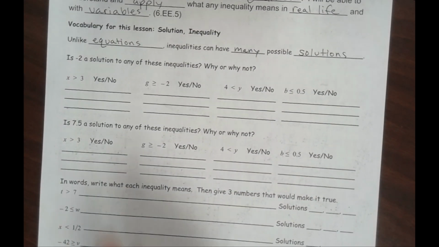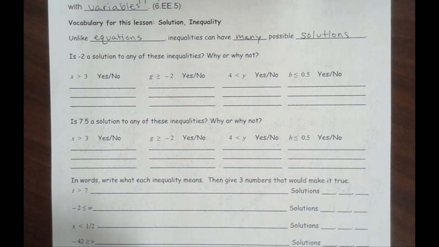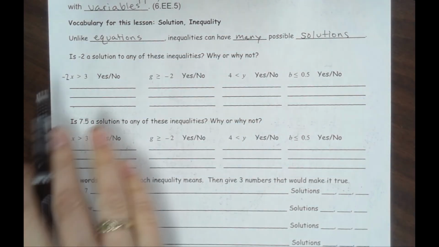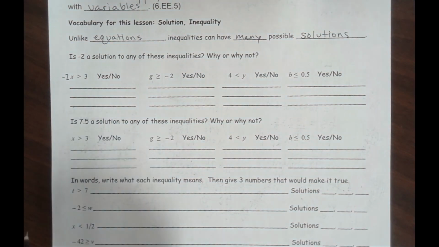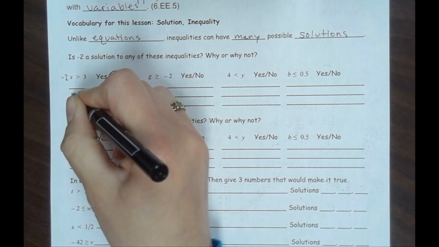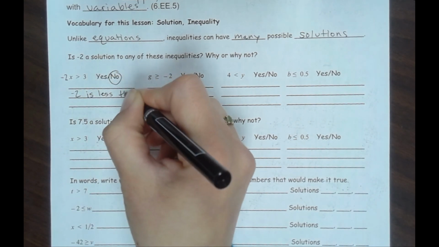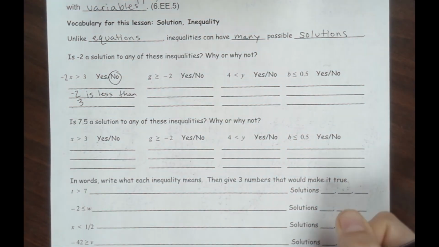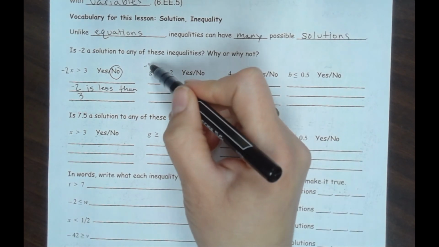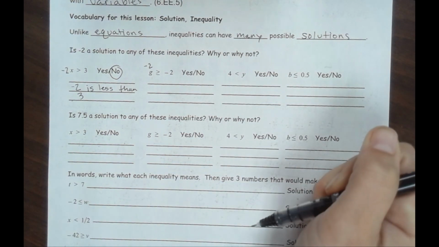So here it says, is -2 a solution to any of these inequalities? Why or why not? Well, if I replace x with -2, is -2 greater than 3? That would be a big old no, because -2 is less than 3. How about this one? If I put -2 here, is -2 greater than or equal to -2?